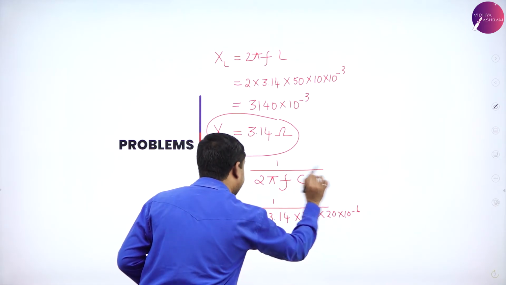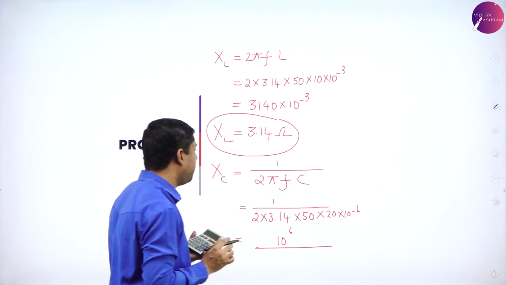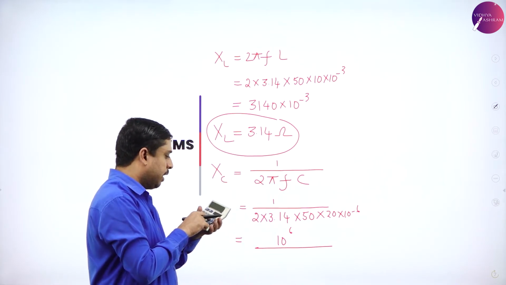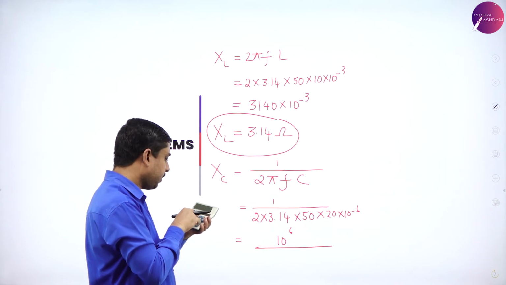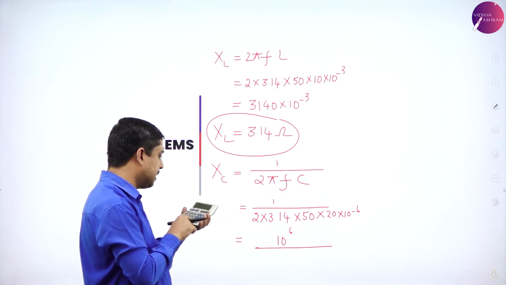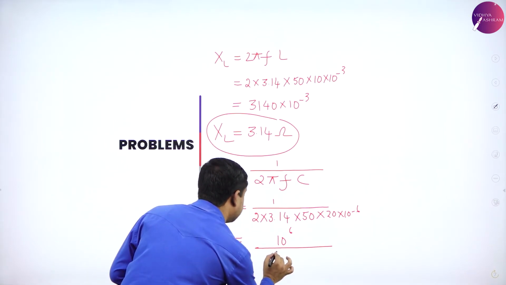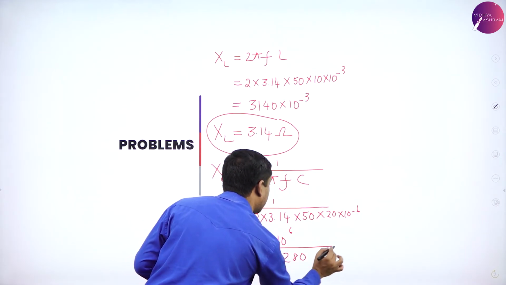So this is 10 power minus 6 goes to the numerator, plus 6. 2 into 3.14 into 50 into 20 is 6280.